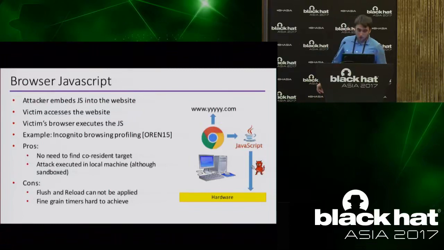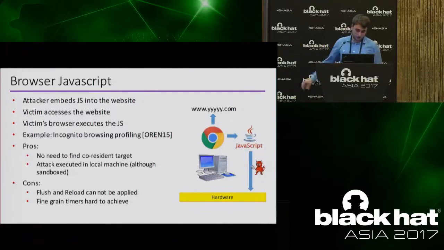Some pros that we see in this scenario over the previous one. First of all, we don't need to find a correct resident target anymore, since the target will actually access our website, so we don't need to bother about that. Also, the attack is executed on a local machine, for which the workloads are much less heavy than in the cloud.